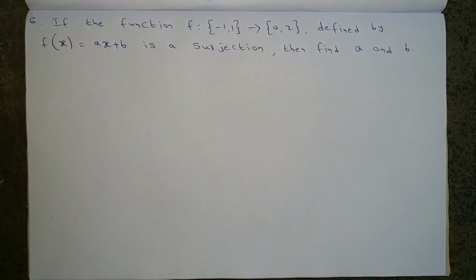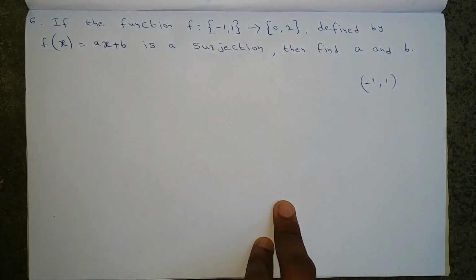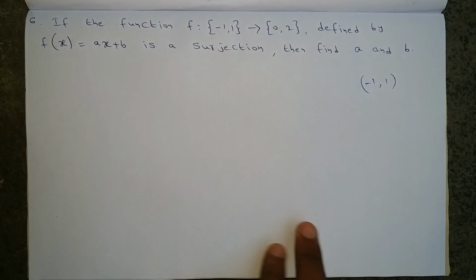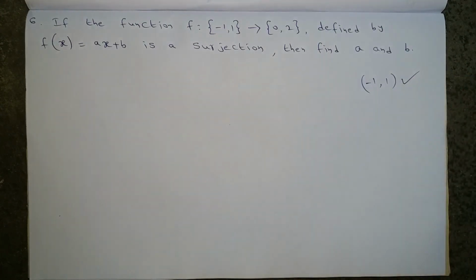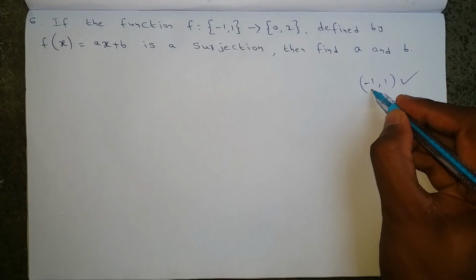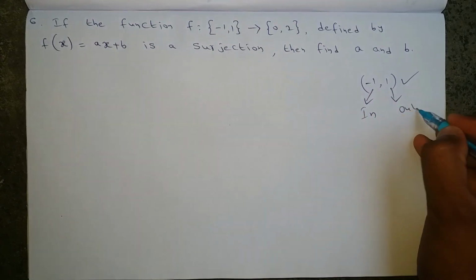The only difference between the previous question and this question is, in the previous question he gave an ordered pair, meaning when we substituted minus 1 we got the answer plus 1. So when we have an ordered pair like this, we can say definitely that when we substituted minus 1 we got plus 1.